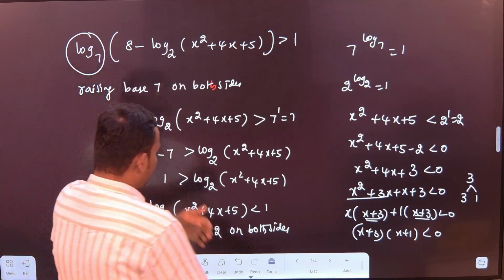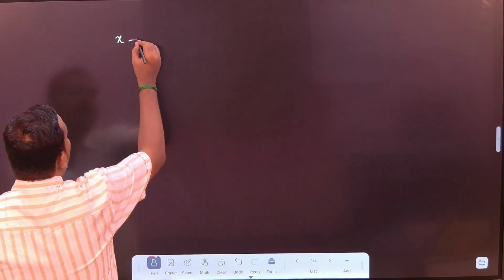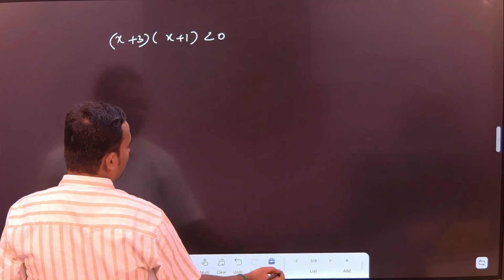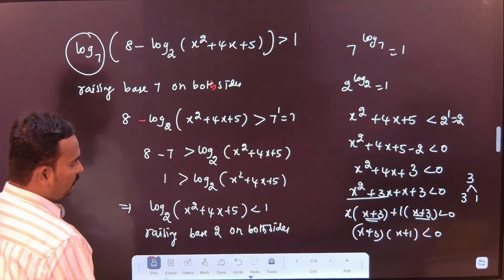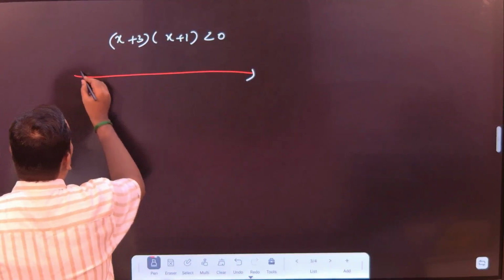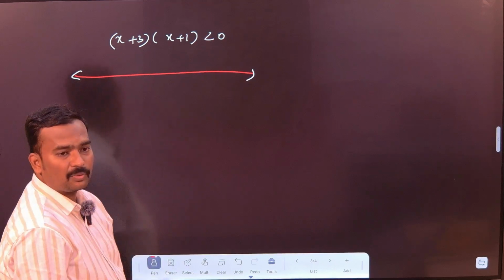Okay. So, we will take another page. What is that expression? X plus 3 into x plus 1 is less than 0. Clear? Yes. Now you can use the Wavy Curve method, you can find the interval in which the product is less than 0.